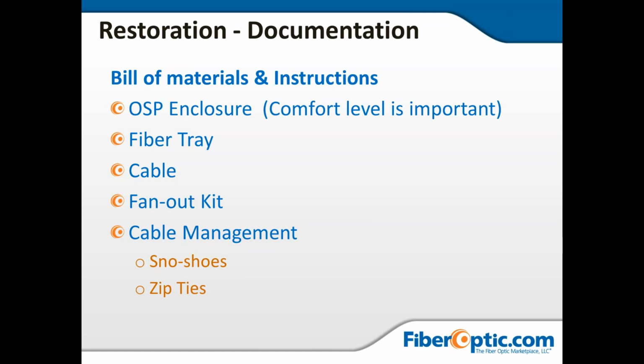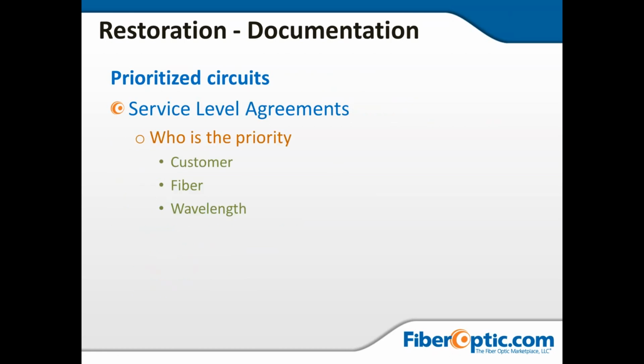Do I have access to cable management solutions like snowshoes, zip ties, and potentially even the complete ERK kit? What is the bill of materials, so that as I'm driving to the site to pick it up, I know what's in my kit, because I've got a breakdown that I can quickly pull up in my documentation and say, all right, here's the bill of materials that are in my kit when I arrive. Let me grab anything else I might need.